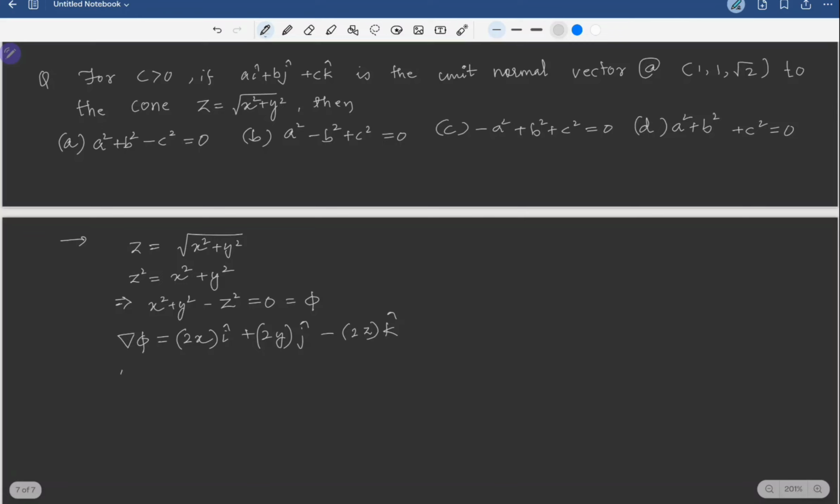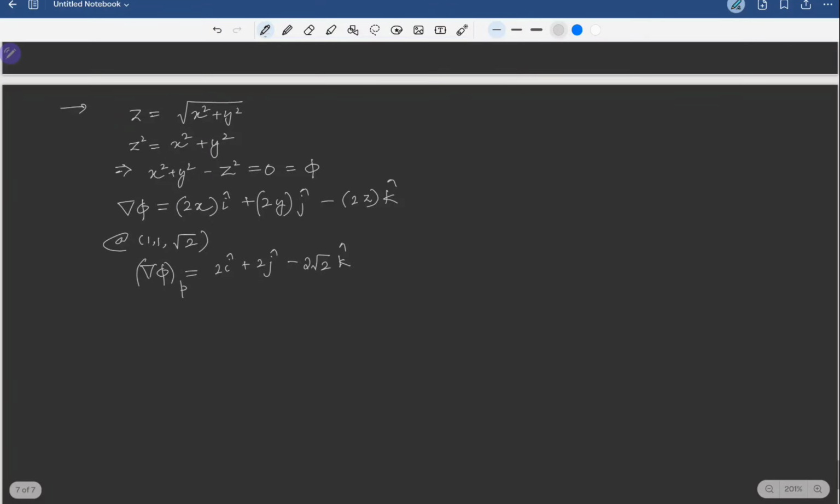At the point (1, 1, root 2), del phi at this point is 2 i cap plus 2 j cap minus 2 root 2 k cap. If we take the absolute value of this, we get under root 2 squared plus 2 squared plus (2 root 2) whole squared.